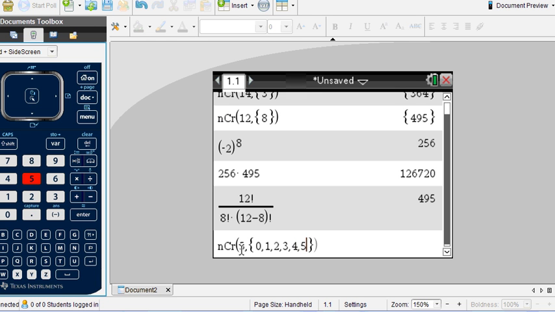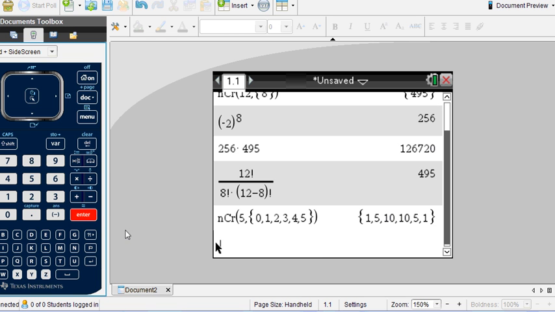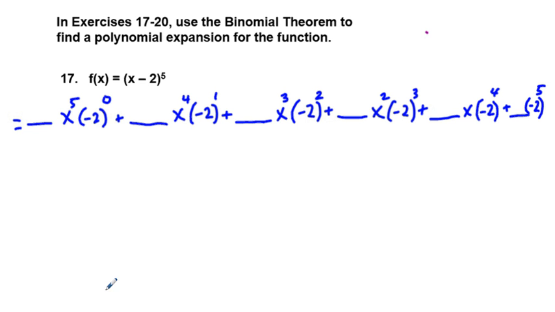So n is 5. We're going to have 6 elements or coefficients. When we calculate this out, we're going to get 1, 5, 10, 10, 5, 1. And we go back here. 1, 5, 10, 10, 5, 1.